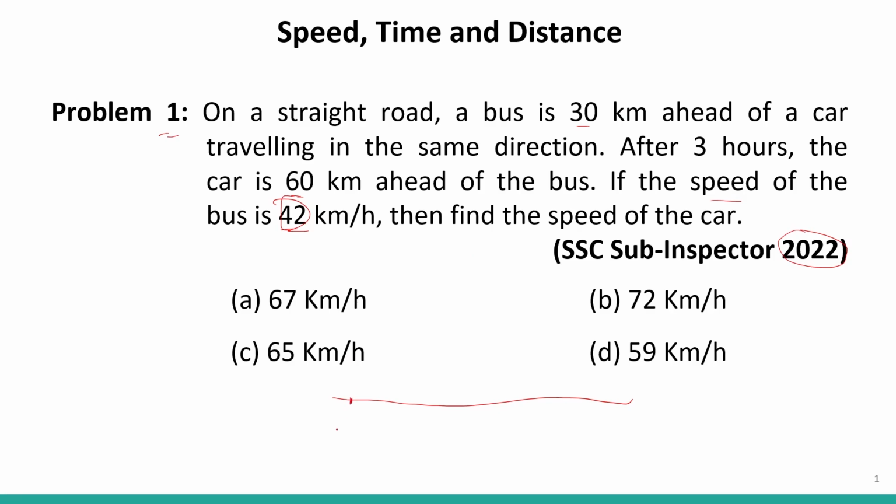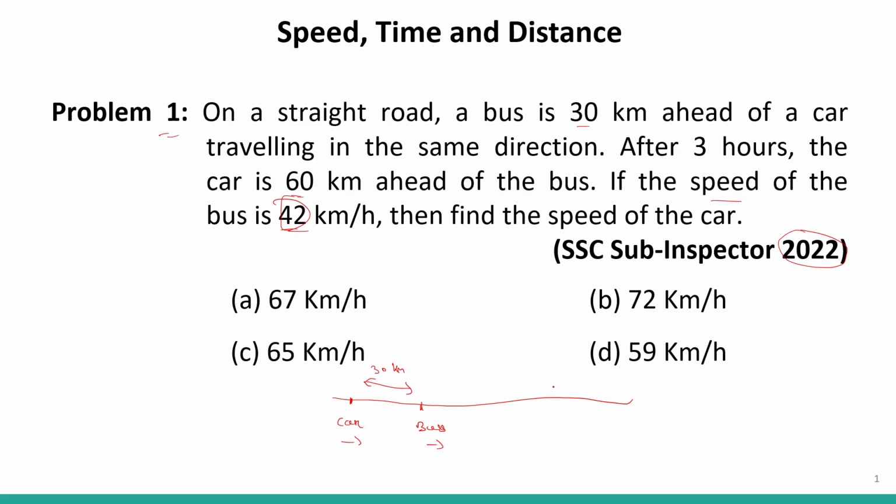Let's say here is the car, and here is the bus, 30 km apart. The bus is also traveling in this direction and the car in the same direction. After 3 hours the car is 60 km ahead of the bus.